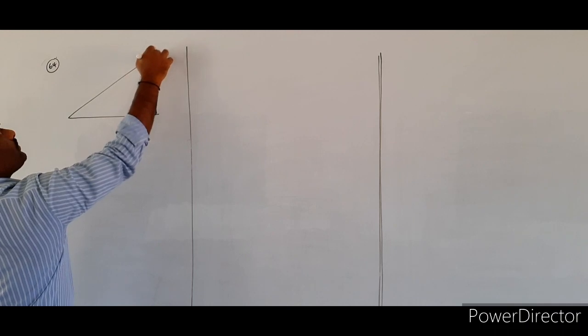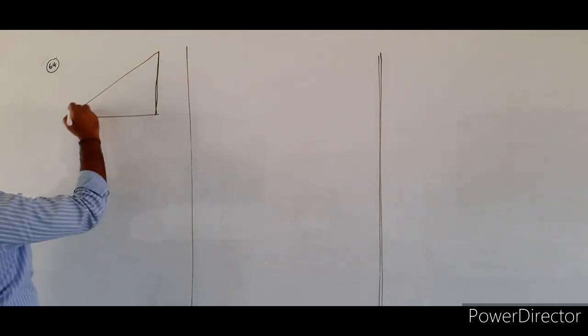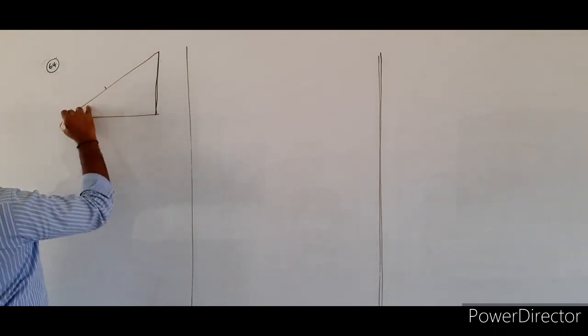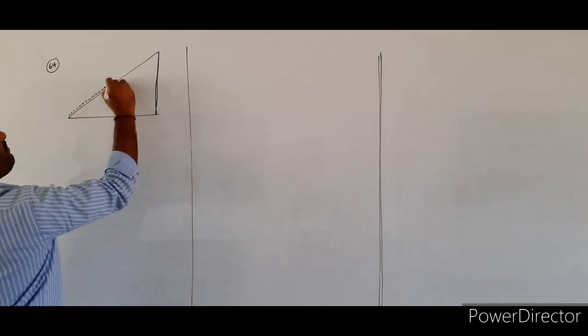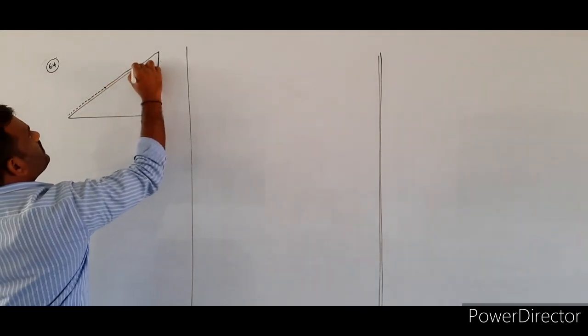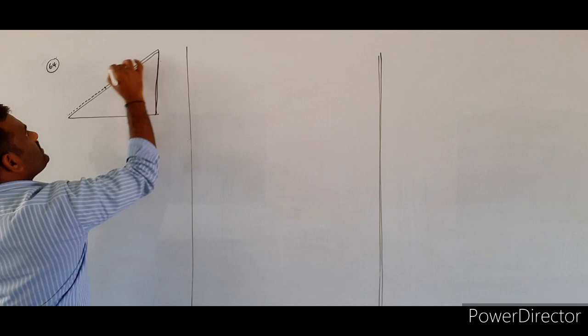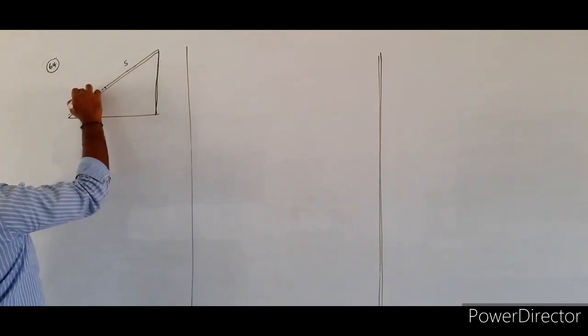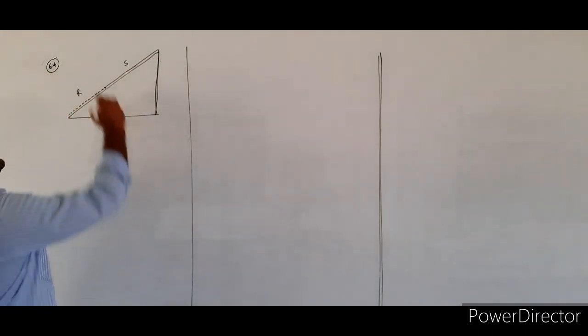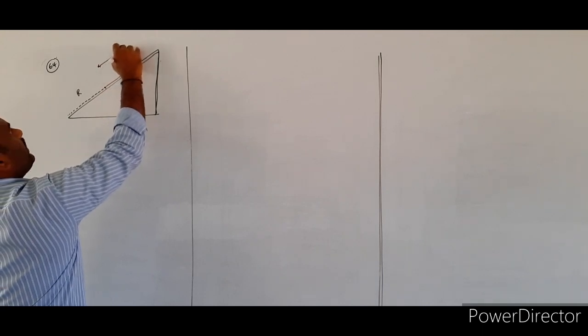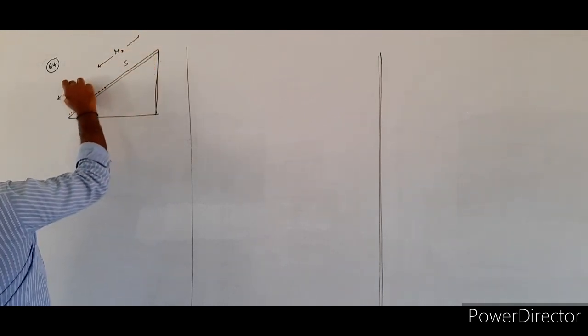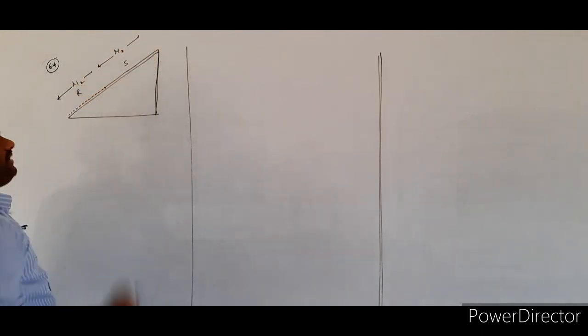But in the given inclined plane, the first half will be the smooth inclined plane, and this is the rough one. So the first half will be smooth and the next half will be the rough inclined plane.